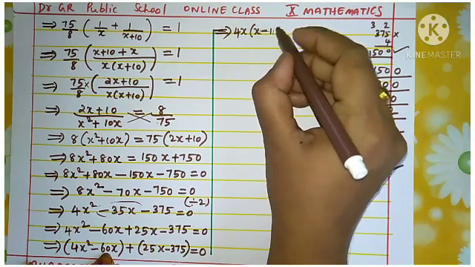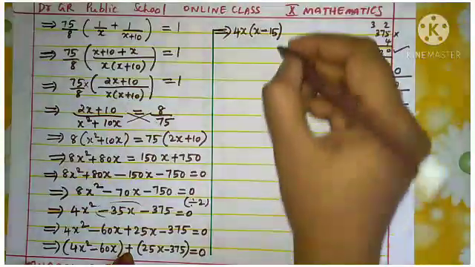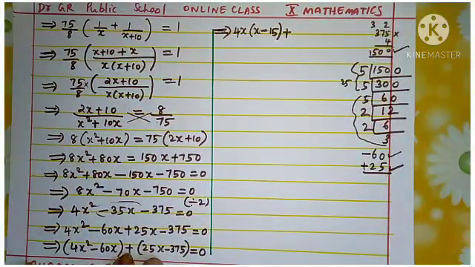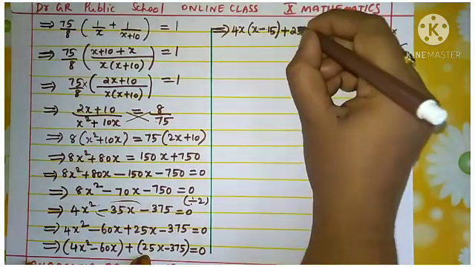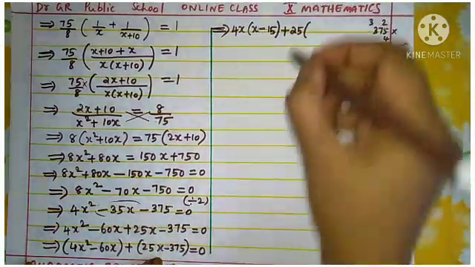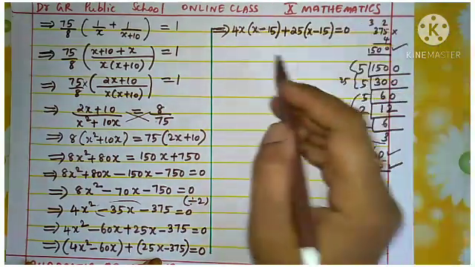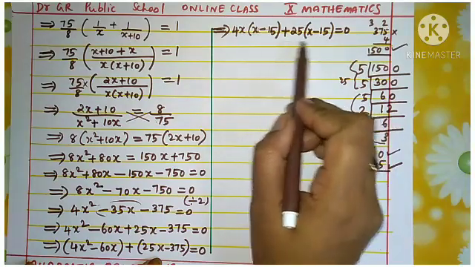So x minus 15. Okay, then plus in the second bracket here 25x minus 375. So from this 25 is common. Okay. So if you take 25 common, the balance is again x minus 15 equal to 0. When you take the common terms, the first and second brackets have to come similar.